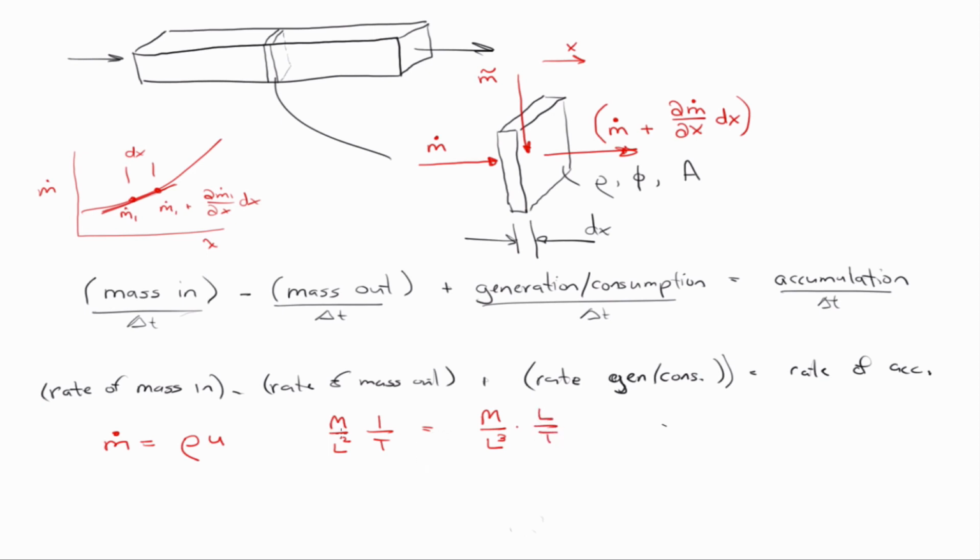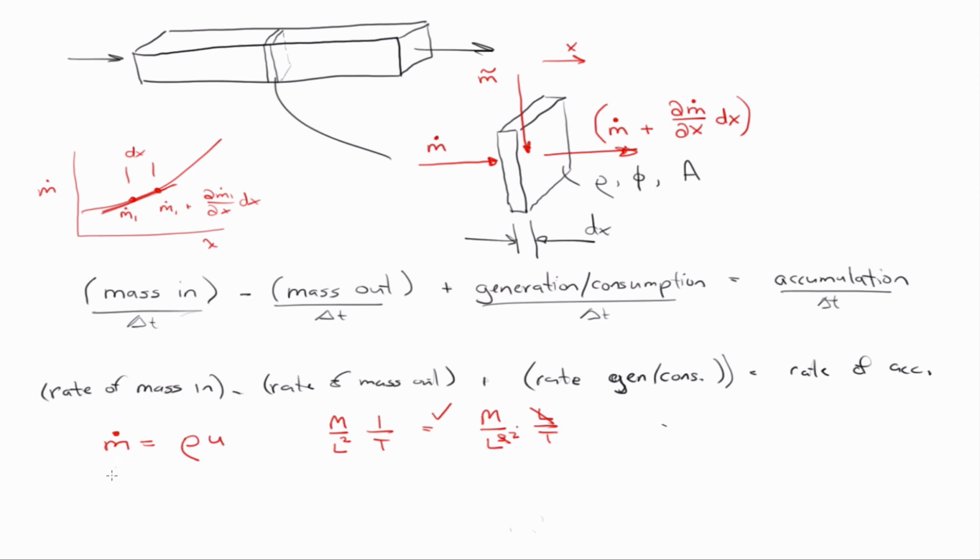So m is mass, L is length. If I cancel these, I have a length squared there, and this checks out. So the units work. So m dot is the density of the fluid times the velocity it's traveling.